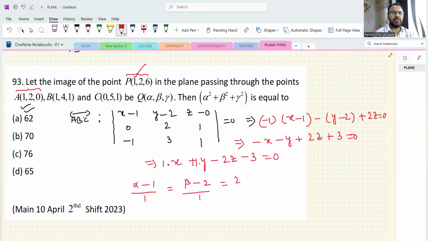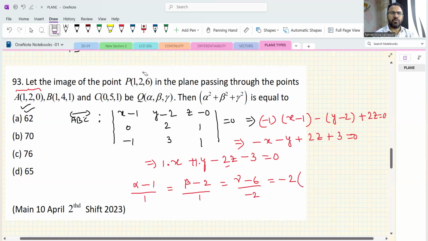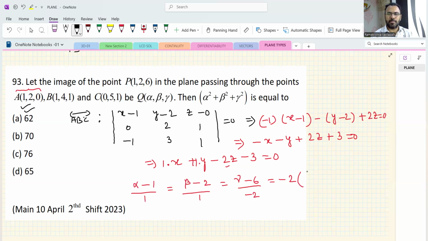Gamma minus 6 by Z coefficient here minus 2 equal to minus 2 times of. Substitute these P coordinates in the plane, that we'll get that 1 plus 2 minus 12 minus 3 by a square plus b square plus c square is nothing but 6.